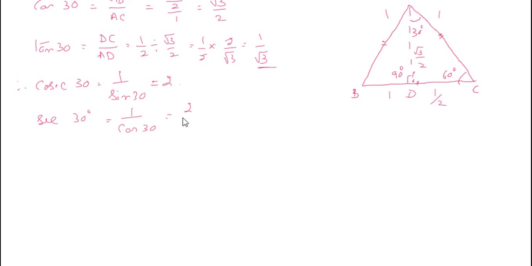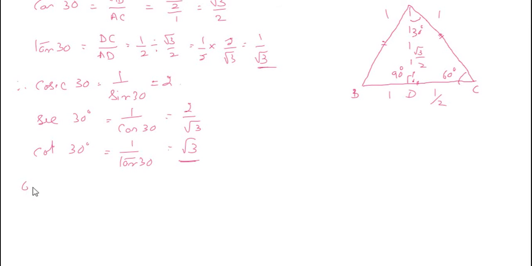So it is 2 divided by root 3. Cot 30 is equal to 1 by tan 30, 1 by 1 by root 3, that is root 3. These are the 6 ratios.